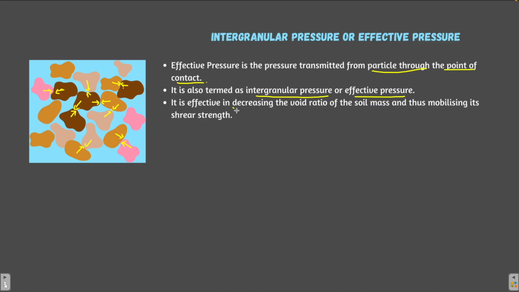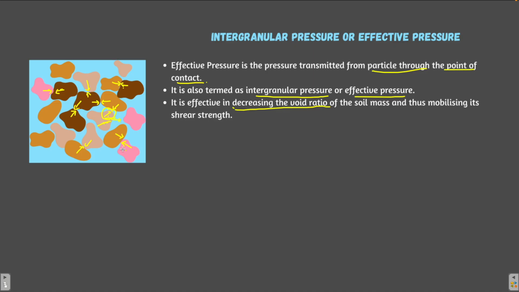It is effective in decreasing the void ratio. Whenever such forces, such pressure acts from one particle to another, what happens? There is a decrease in the void ratio. They help in mobilizing these grains. Suppose this force or pressure will try to move this particle to the left or right side.